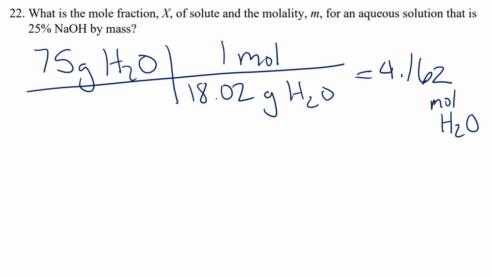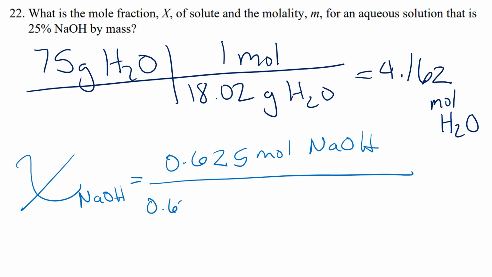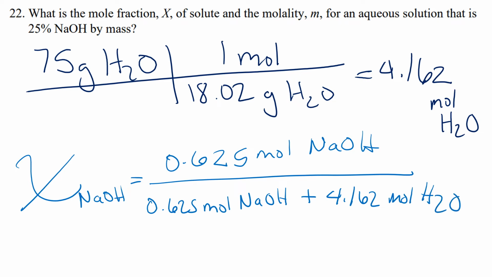So the mole fraction of the solute is going to be equal to the moles of solute, which is NaOH, divided by your moles of solute plus moles of water or solvent. So the mole fraction of NaOH is equal to 0.13.